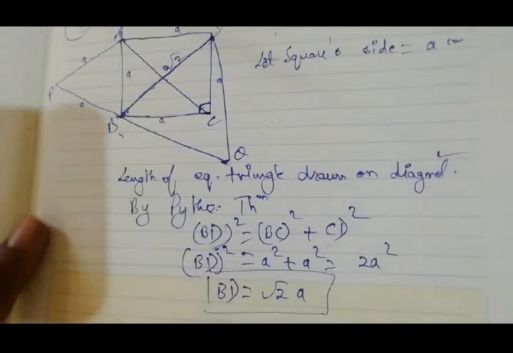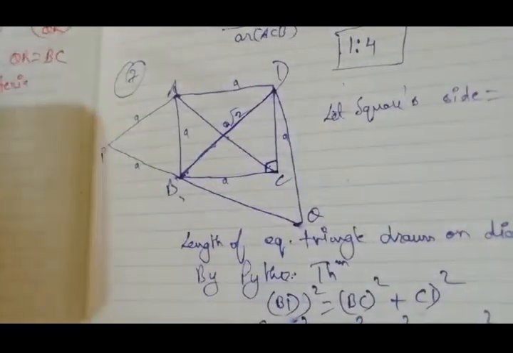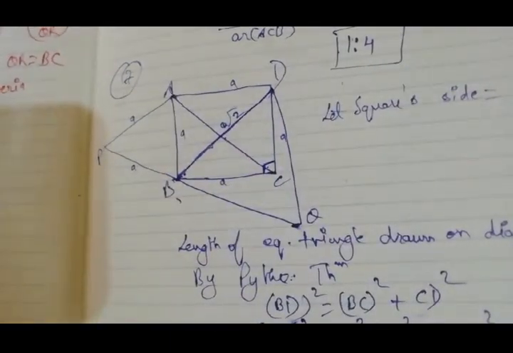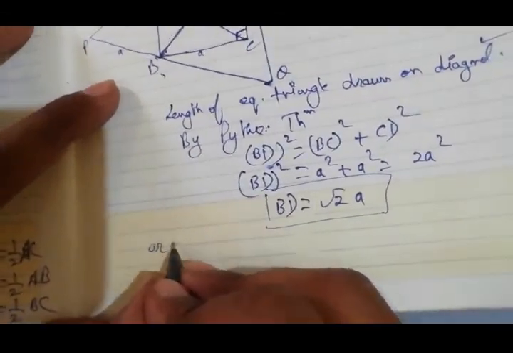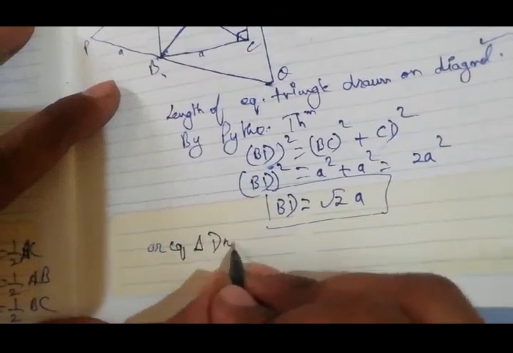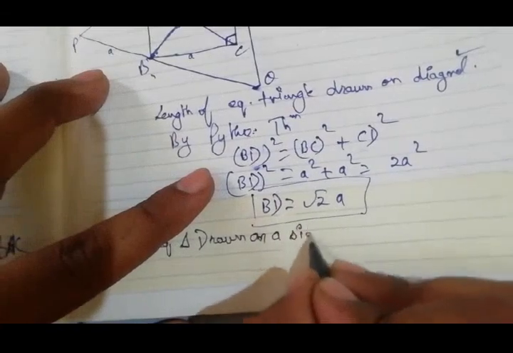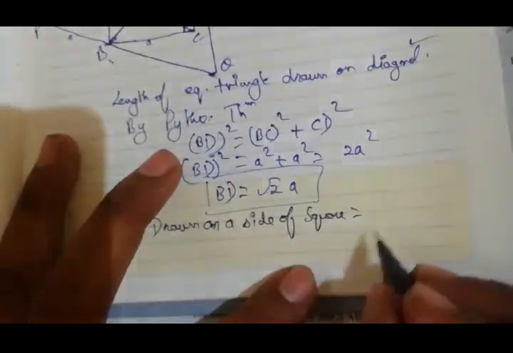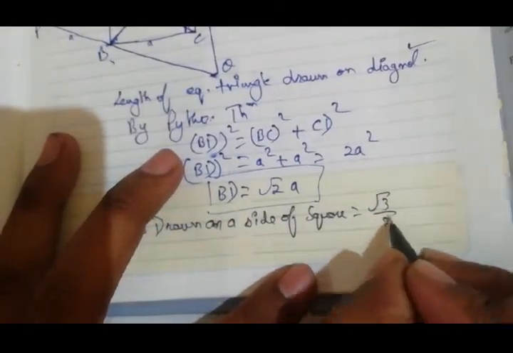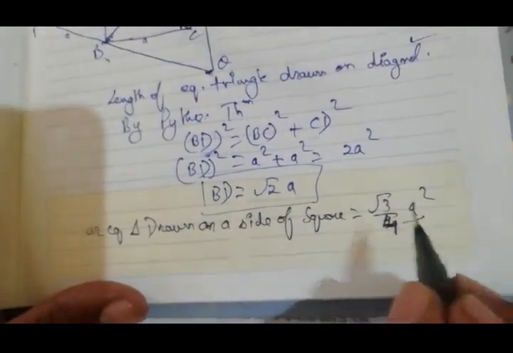Now here we have to show that the area of the equilateral triangle drawn on a side is half that on the diagonal. First, the area of the equilateral triangle drawn on a side of the square is root 3 by 4 a squared, where a is the side of the equilateral triangle.